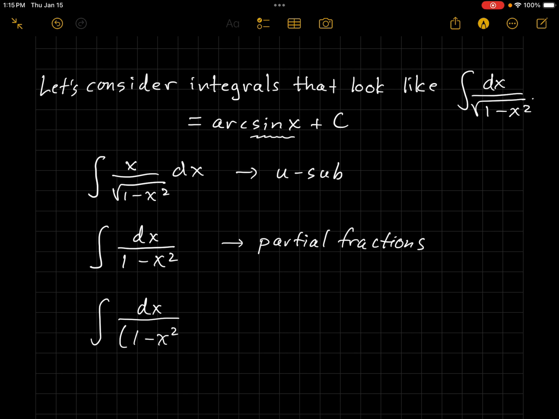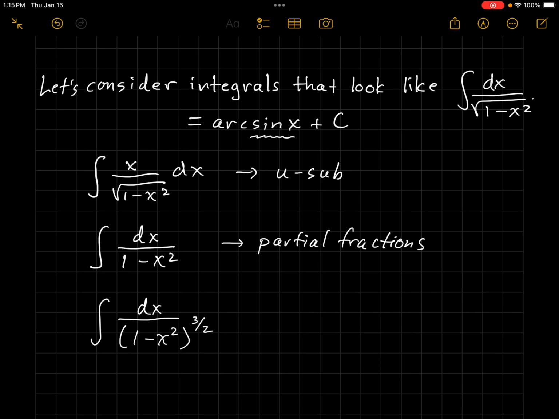Instead of 1 minus x squared to the 1/2 in the denominator, what if it's to the 3/2 power? So a problem like this is not U substitution.